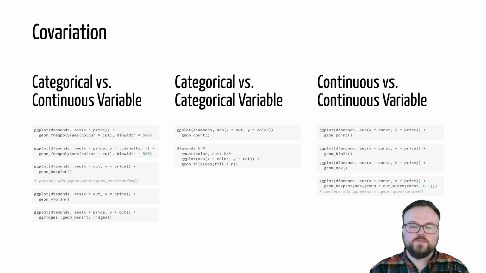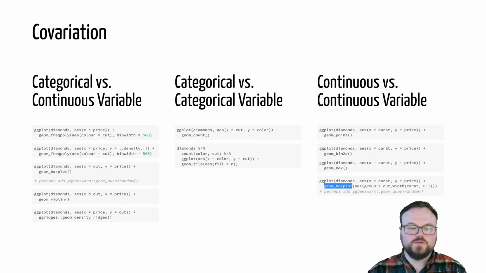And then finally, we can use the box plot again for continuous versus continuous variables. So here again, the idea is that the continuous variables will be cut up into categorical ones, and then we can visualize the categorical variables using a box plot.